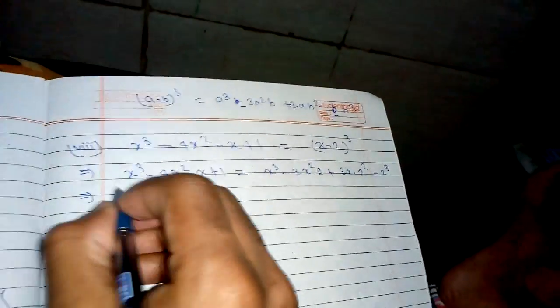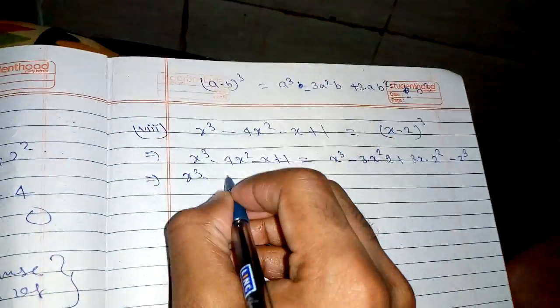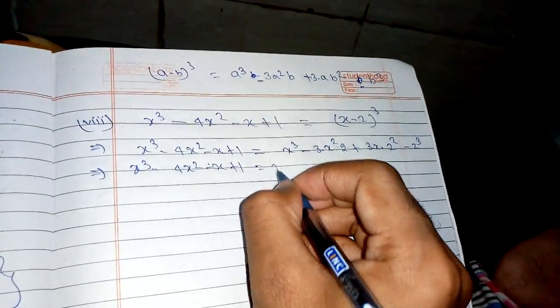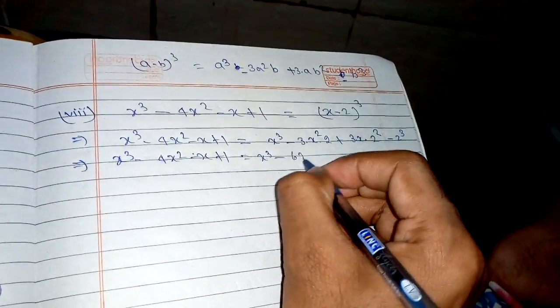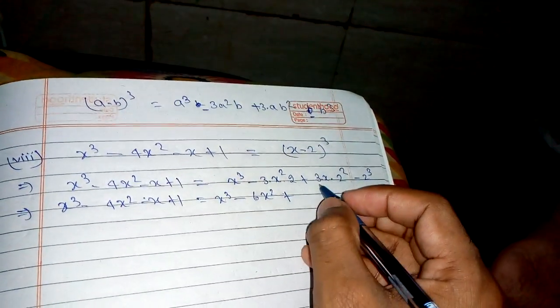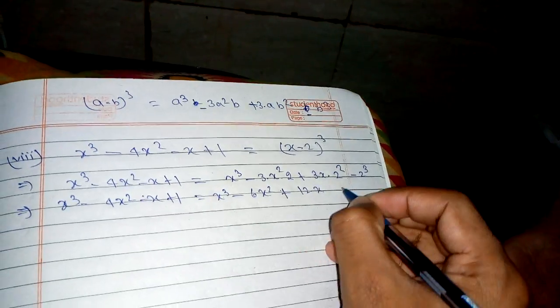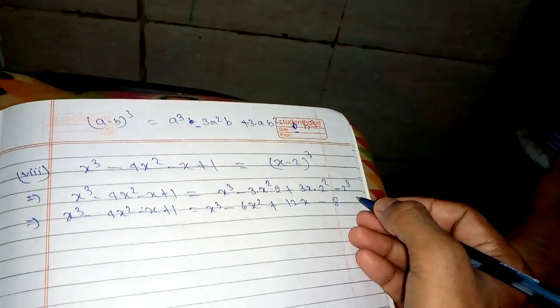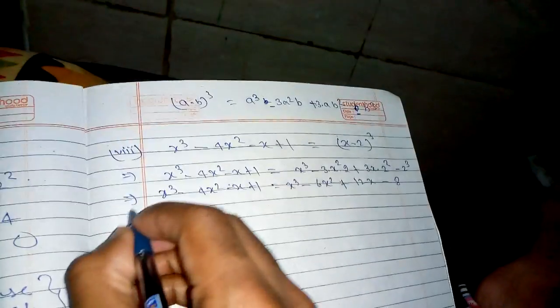Okay, so here is no any change. x cube minus 4x square minus x plus 1. Here is x cube minus 6x square plus 12x minus 8, because 3 into 2 into 2 is 12, 2 into 2 is 4, 4 into 2 is 8.